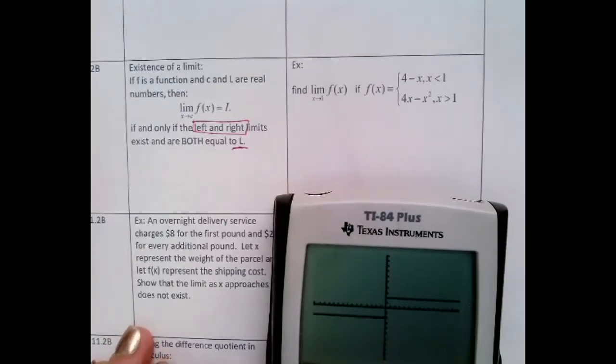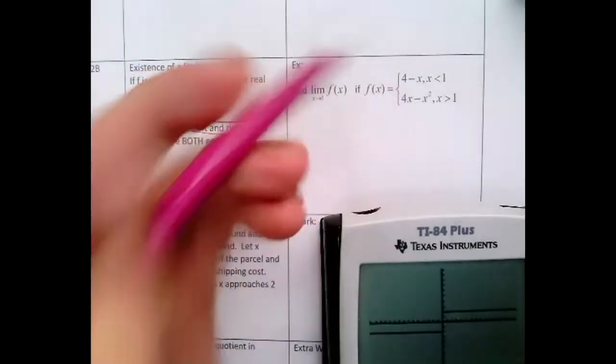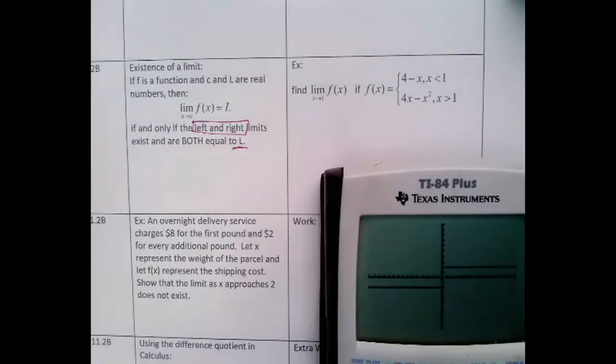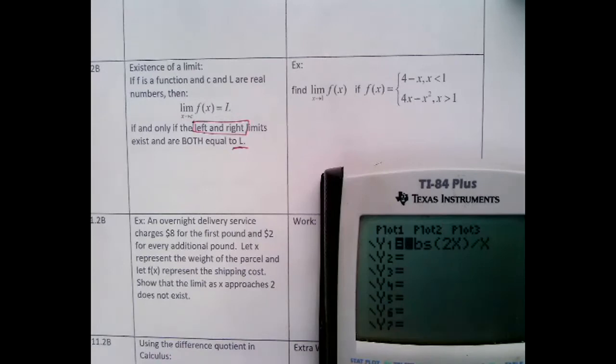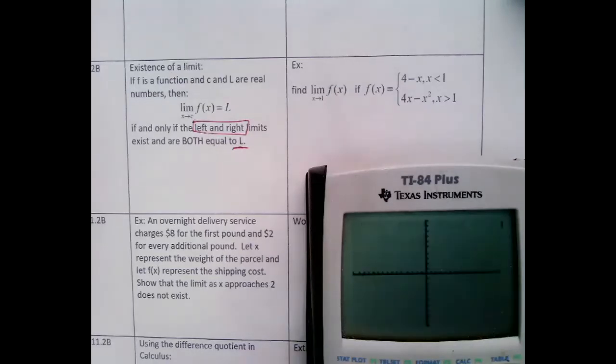It says find the limit of f of x as x approaches 1 for these two functions. I'm going to graph my first one first. I'm going to do 4 minus x, graph, and hit my table.